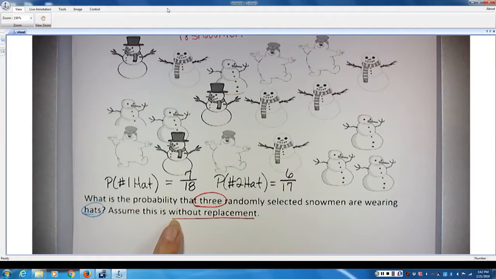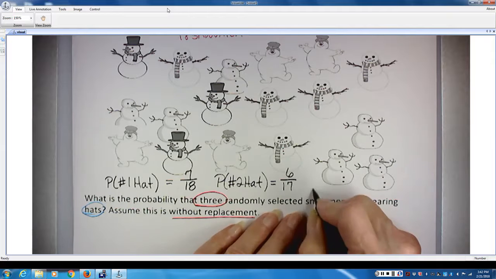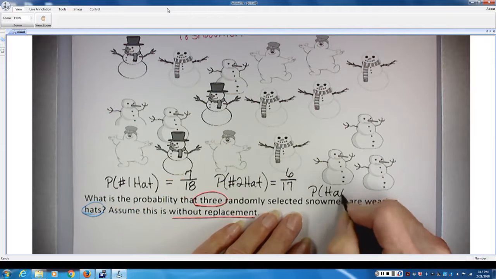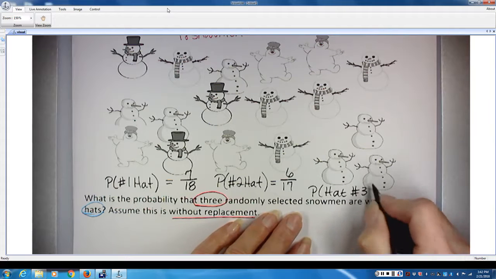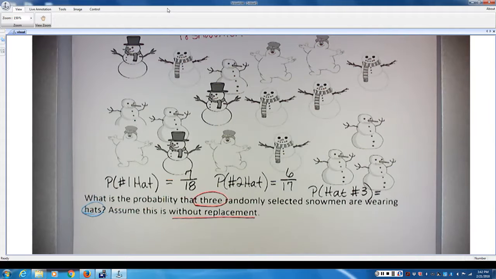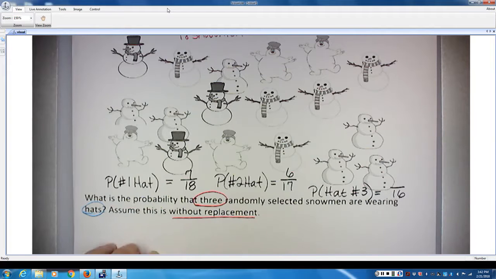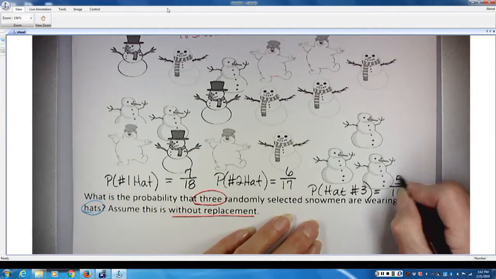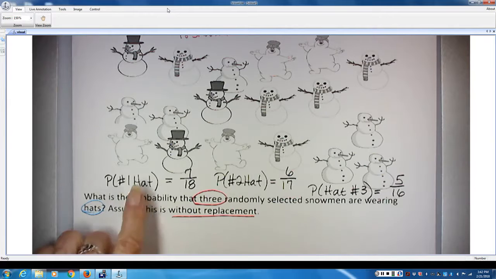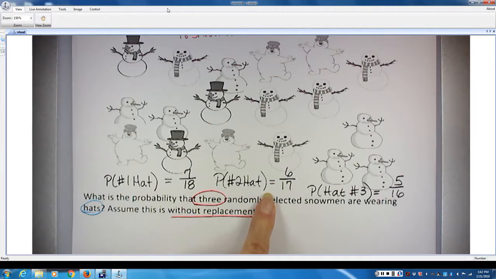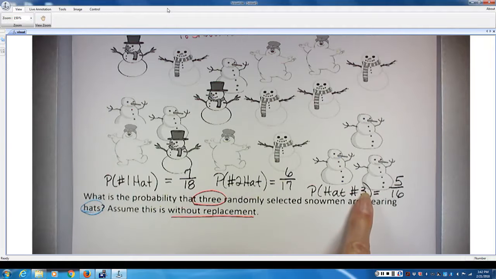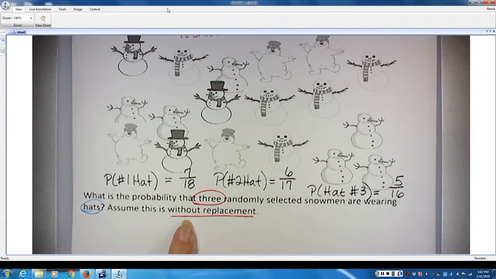Now I'm going to reach in one more time. How many snowmen left to pick from? How many of them have hats? So I have found the probability the first one has a hat, and I found the probability the second one has a hat, and I found the probability the third one has a hat, taking into account that I didn't put any of them back after I picked them.